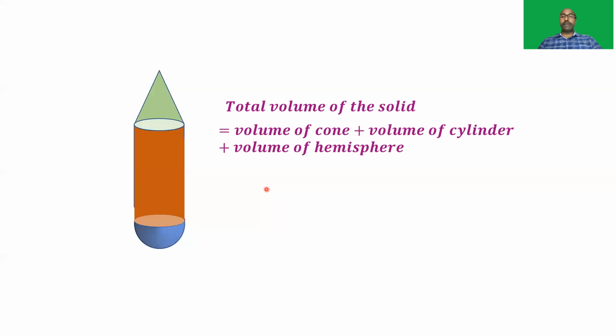Here we have to remember one thing. While finding the curved surface areas of combinations of solids, we may not be able to see some faces of the objects we have taken. But coming to the volumes of the solids, the total volume is equal to the sum of the volumes of all objects we have taken.